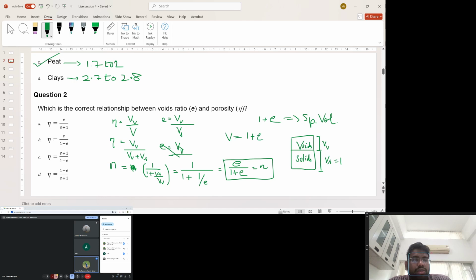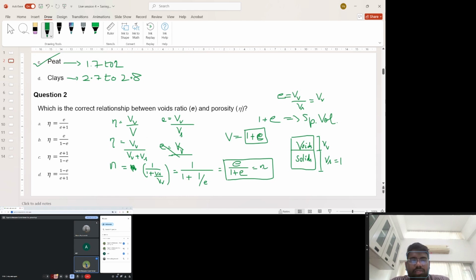It will be e, right? So e is volume of voids by volume of solids. So volume of solids is 1, so it is equal to Vv. So when we consider a system where the volume of solids is 1 or unity, the volume of voids will be equal to its void ratio, and the total volume will be 1 plus e.